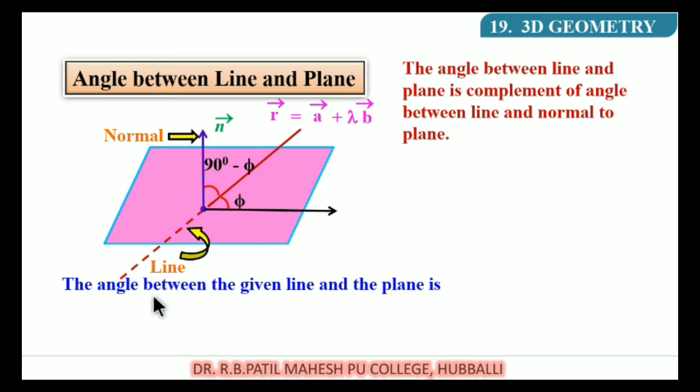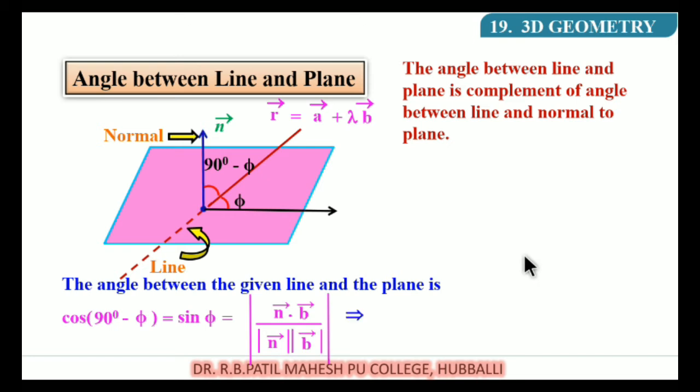So the angle between the given line and the plane is given by cos of 90 degrees minus phi, which is equal to sin phi. This will be equal to the modulus of n vector dot b vector divided by magnitude of n vector into magnitude of b vector.